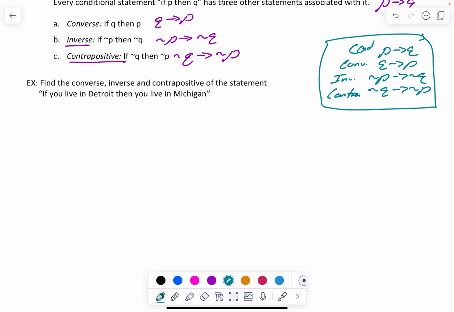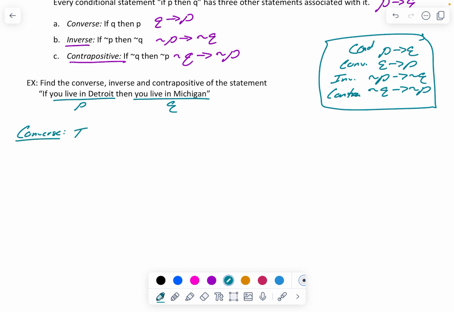Let's practice. So, our conditional is if you live in Detroit, okay, that's our P, then you live in Michigan, Q. If you live in Detroit, then you live in Michigan. So the converse, and we're going to do a lot of writing in math class again.